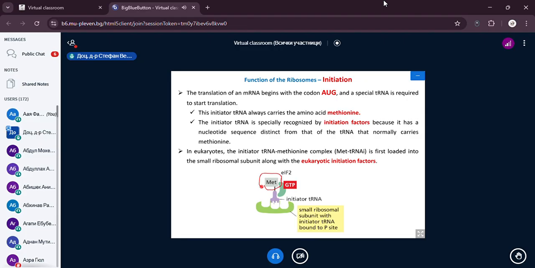Every protein starts with this amino acid at its beginning, and this initiator transport RNA holding methionine becomes attached to the P site of the small ribosomal subunit.